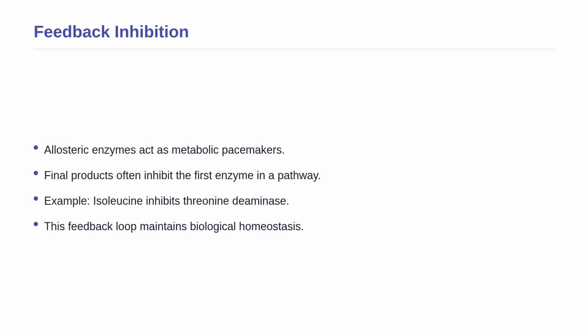For instance, when your body produces enough of the amino acid isoleucine, those isoleucine molecules physically bind to the allosteric site of the enzyme threonine deaminase. This shuts down the production line, preventing the waste of precious energy and maintaining perfect biological homeostasis.